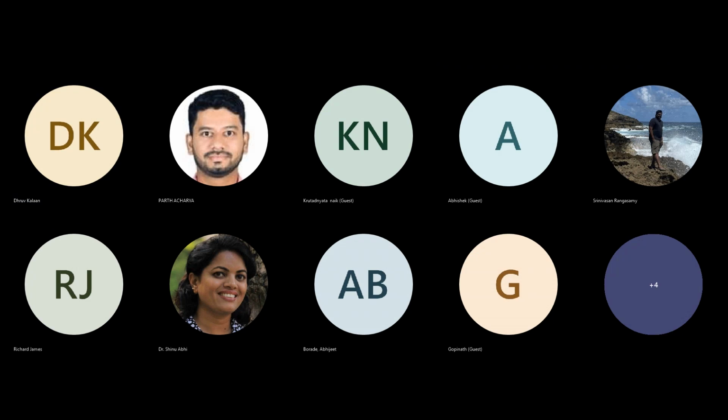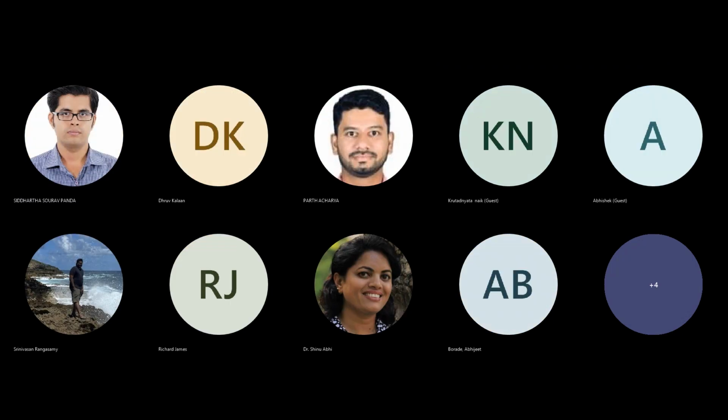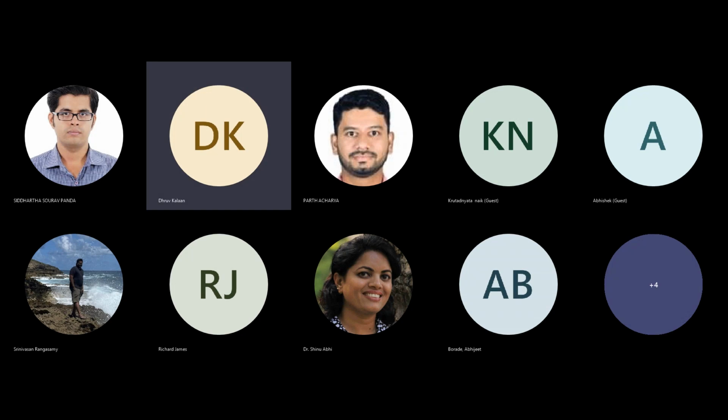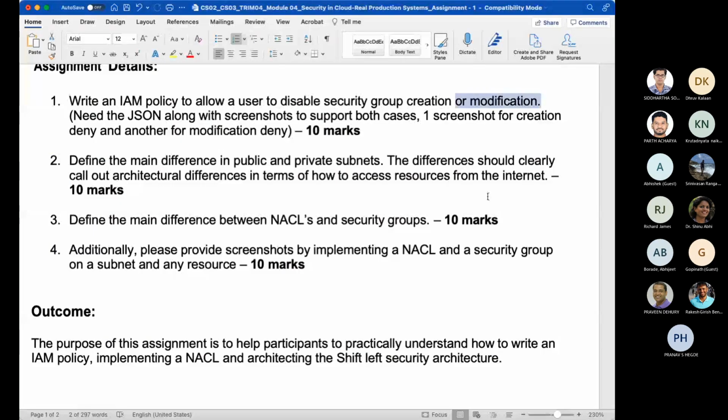Dhruv, the second line says to take a screenshot for the deny one. One screenshot for creation deny and another for modification. But we are allowing it, right? So basically you need to give me a screenshot once you put in the policy allowing creation, when you're creating the security group, and another when you're allowing it to be modified.